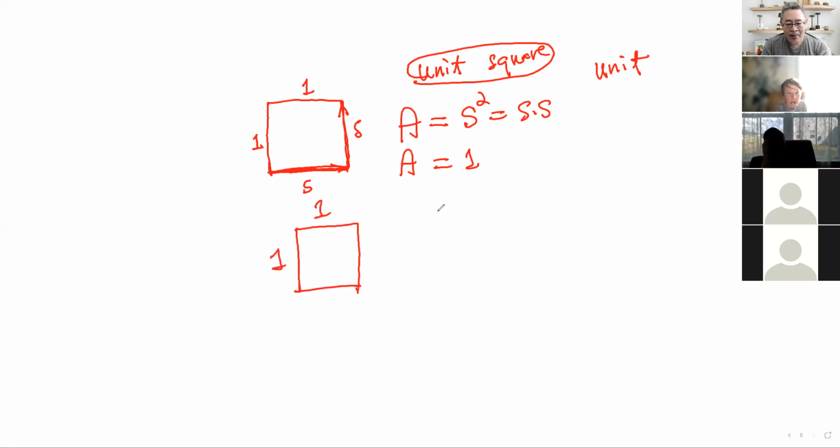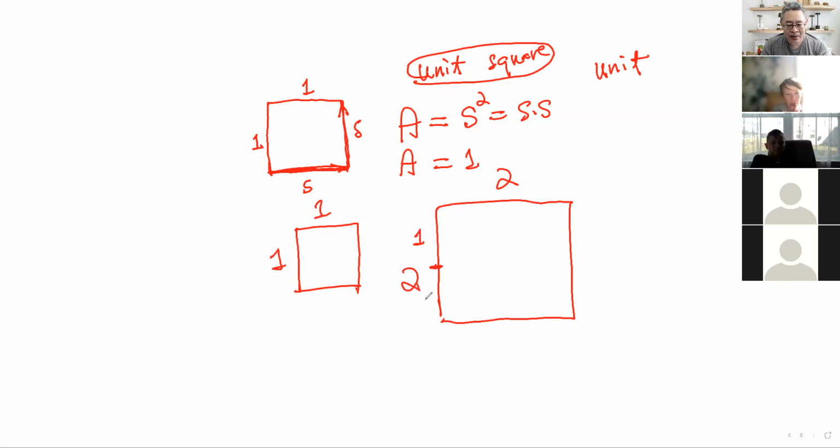Now, what happens if we got a square, which actually is, this is 1 unit, this is 2 by 2. So this is 1 unit, this is another unit. And we notice that if we cut like this, then we actually have 4 unit squares, which is 1 by 1. So since we got 4 unit squares, the area for that is just 4.